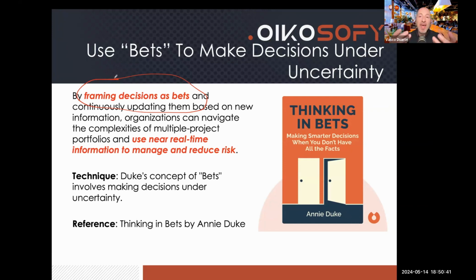And once we have that in place, we can start to incorporate near real-time information to help us manage and reduce risk. So in the tennis example that I just gave, let's say I bet that player A is going to make only 20% unforced errors, but let's say Sebastian bet that player A was going to make 50% or more unforced errors, and we're only through the first two games, and he's already at, let's say, 35% of unforced errors in all of the plays that have been there.